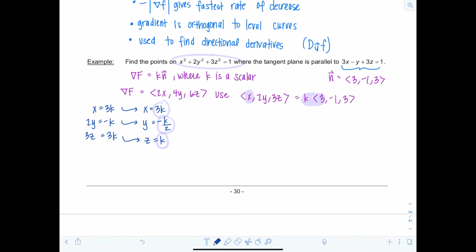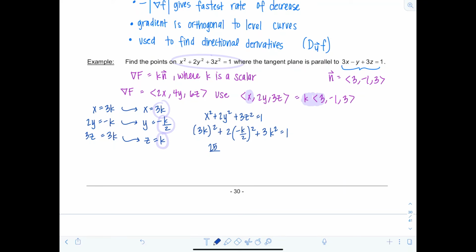Okay, so we're plugging all of this in to x squared plus 2y squared plus 3z squared is 1. So I'm going to have x was 3k, right? So (3k) squared plus 2 times (-k/2) squared plus 3 times z, which is just k, squared is 1. So what is that? 9k squared plus 1/2 k squared plus another 9k squared.